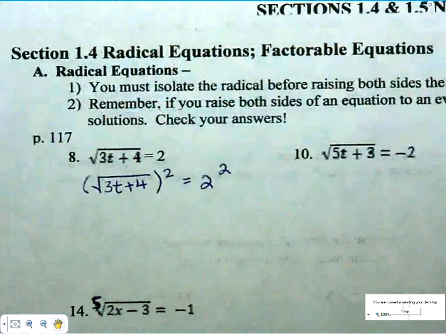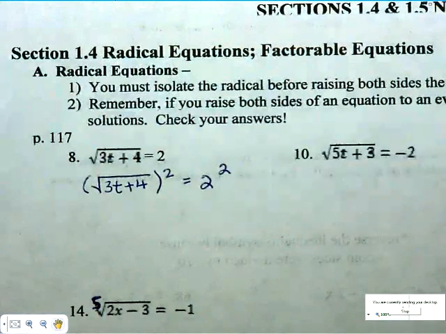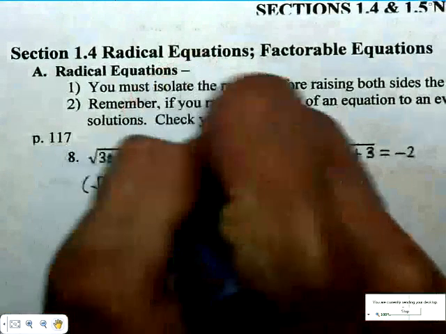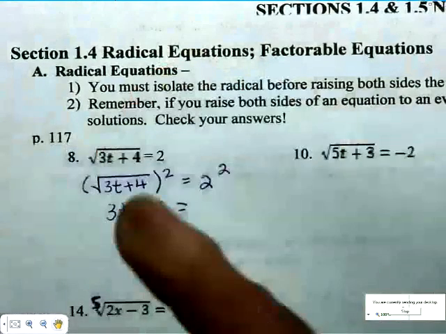What's the square root of 3t plus 4 squared? Just 3t plus 4, because the square and the square root undo each other. That's what you wanted to happen. 3t plus 4, and on the right-hand side, 2 squared is 4.